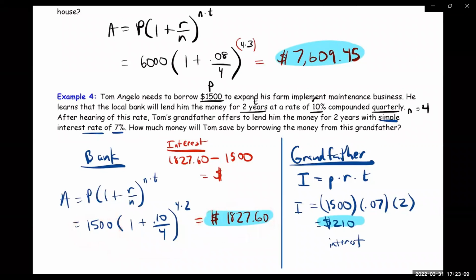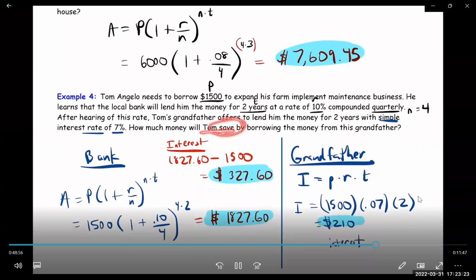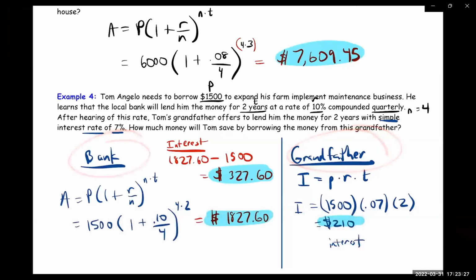So subtracting, I get $327.60. So the question is, how much will he save? So anybody know how to find out how much he's going to save by going with the grandfather as opposed to the bank?